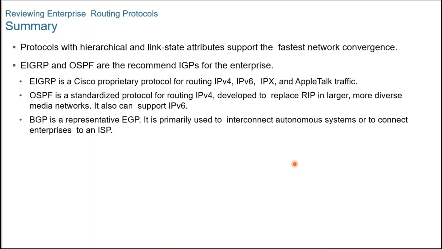OSPF is a standardized protocol for routing IPv4, developed to replace RIP in larger scale, more diverse media networks. It can also support IPv6. BGP is a representative EGP. It is primarily used to interconnect autonomous systems or to connect enterprises to an ISP.